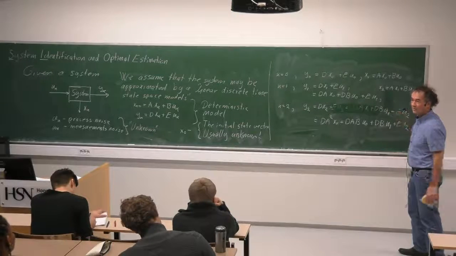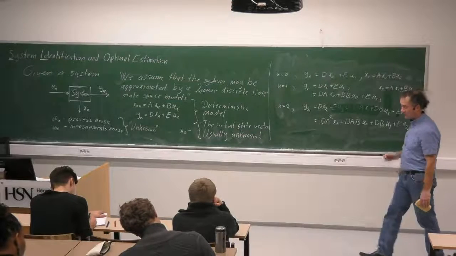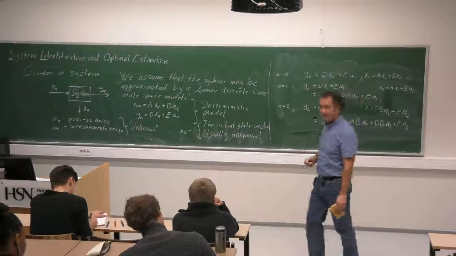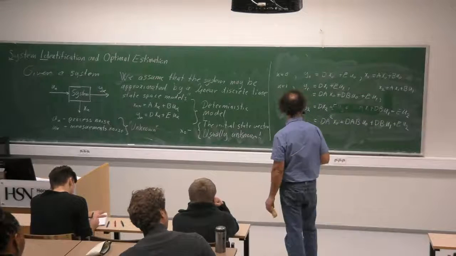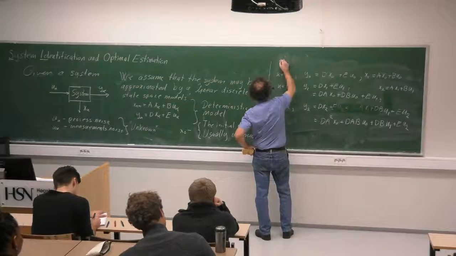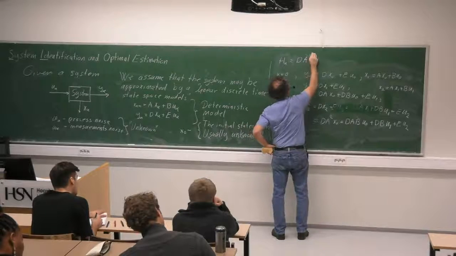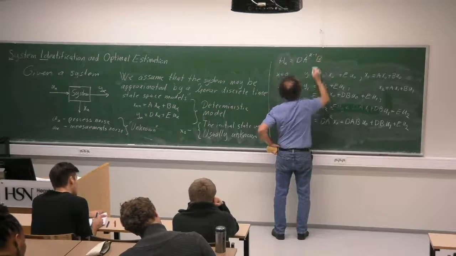And we can continue like this up to our last observation n minus 1. But I define the impulse response matrices as the product of D and A to the power k minus 1, times B, like this.